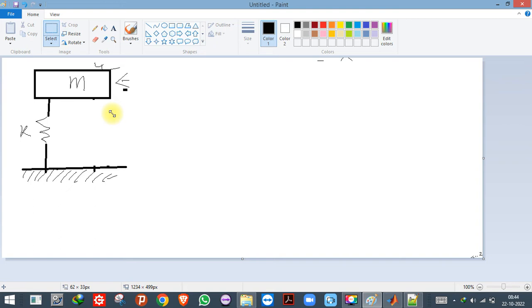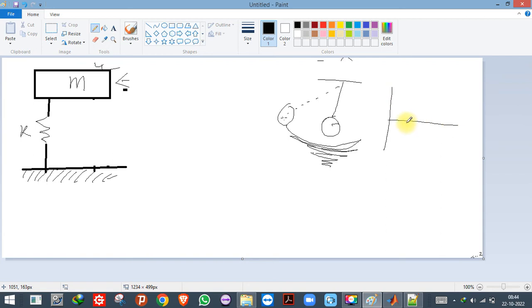Let's say there is a pendulum, and you pull the pendulum somewhere here and you leave it. It will swing like this, like this, like this, and after some time the response will die down. Why is it dying down?